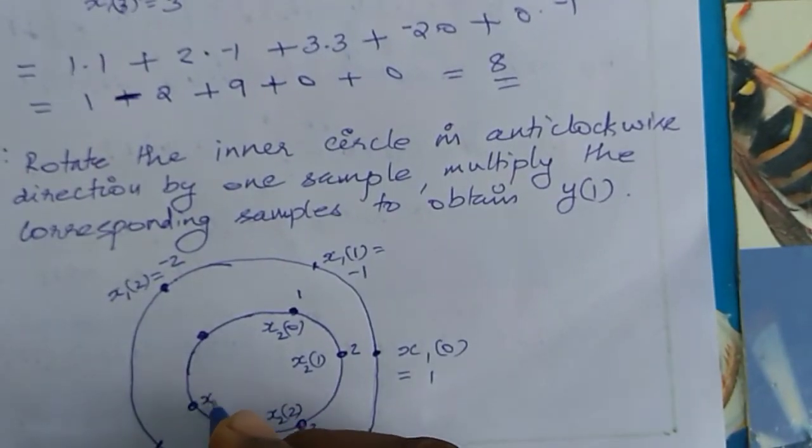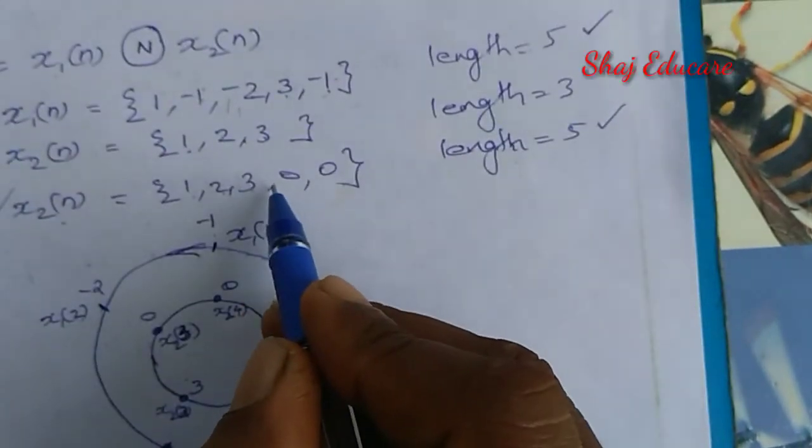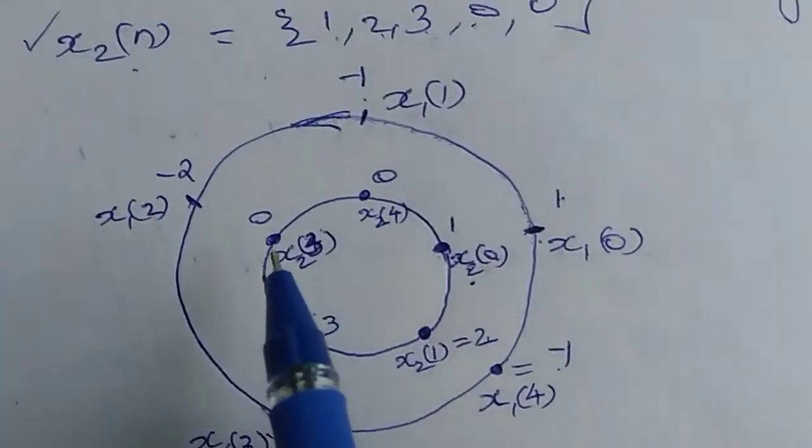This should be x2 of 3. x2 of 3 is equal to 0. It is written over here, x2 of 3 is equal to 0.